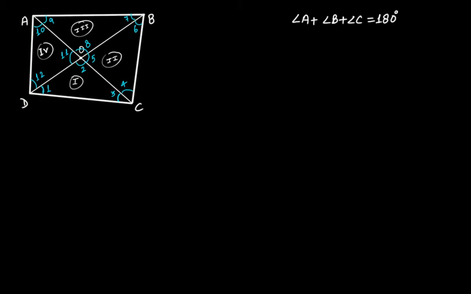Let's start with triangle 1, that is triangle COD. In this triangle COD, angle 1 plus angle 2 plus angle 3 is 180 degrees, by the angle sum property of the triangle. Let's name it equation 1.